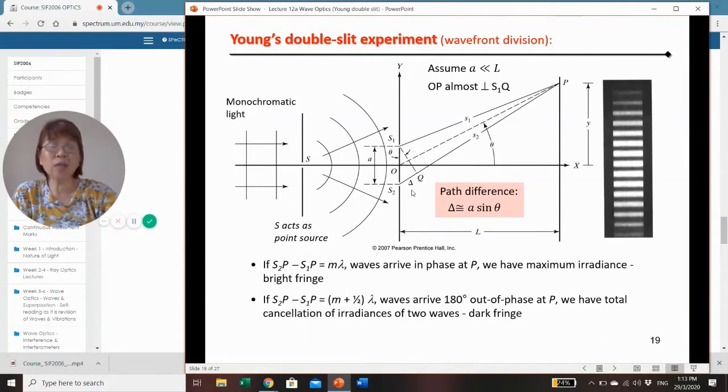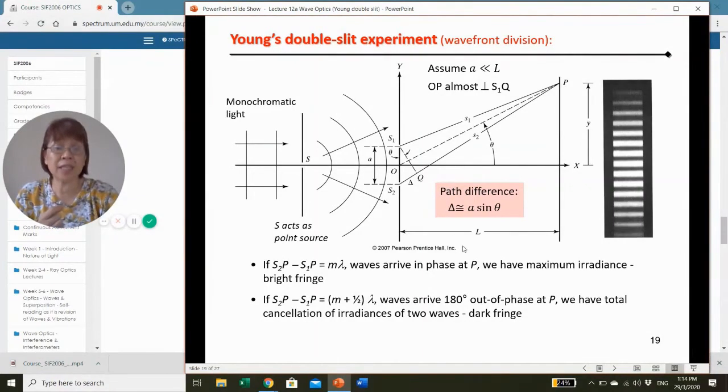If delta is equal to integer numbers of wavelength lambda, then the waves that arrive at P would be in phase, so you have constructive interference.